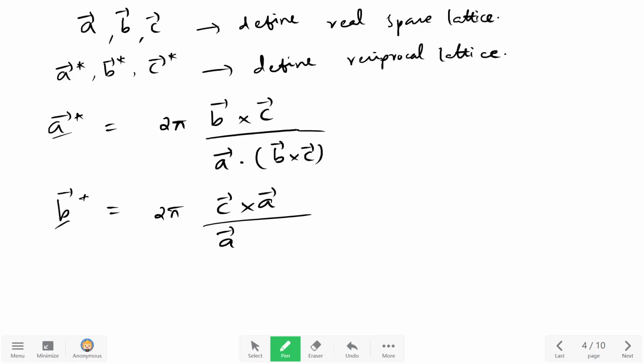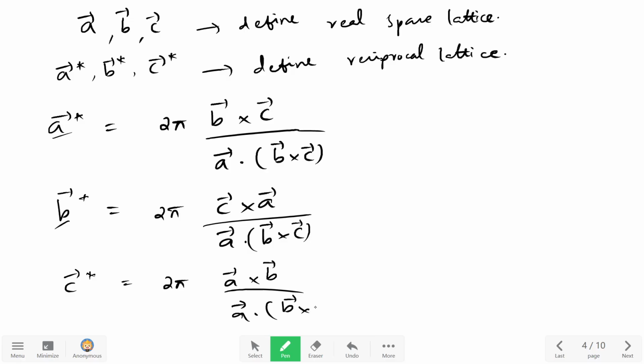Denominator is the same, a dot b cross c. c star is equal to 2 pi times a cross b divided by a dot b cross c. So the denominator is the same for all three reciprocal lattice vectors. Now what is this denominator? It is actually the volume of the parallelepiped formed by the a, b and c vectors.